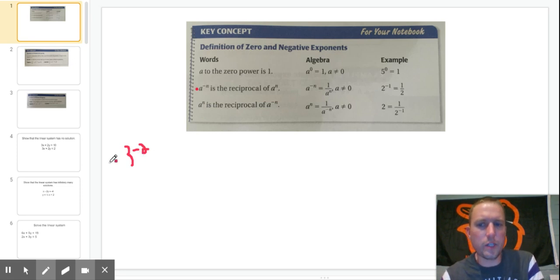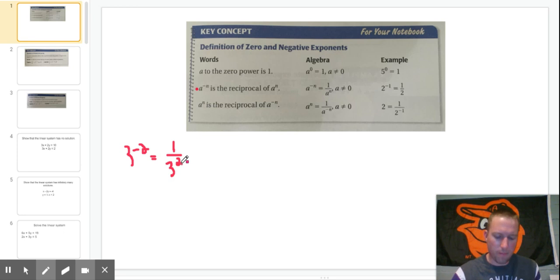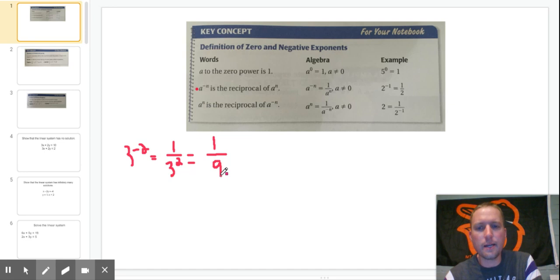So what we would do with this 3 to the negative 2 is write it as its reciprocal. So this would equal 1 over 3 to the power of 2. Now, 3 to the power of 2 would be 3 times 3, so this would equal 1 over 9, or 1/9.